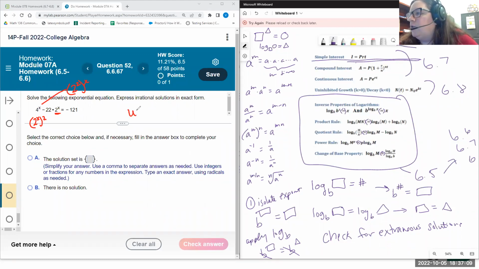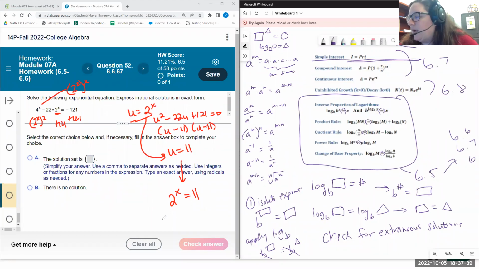So again, u equals 2 to the x, then I have u squared minus 22u, and then I need to add the 121 to both sides. So plus 121 equals 0. This becomes u minus 11 times another u minus 11. So I actually end up with just the one solution, u equals 11. Then that means 2 to the x equals 11, substituting back in for u.